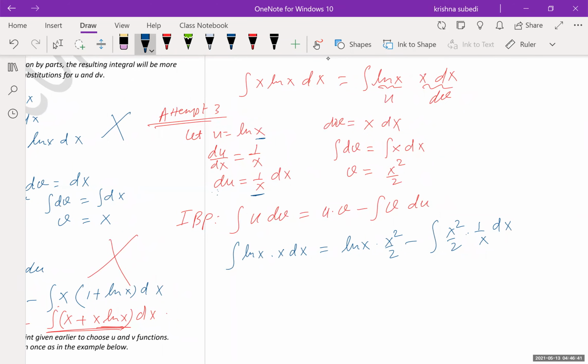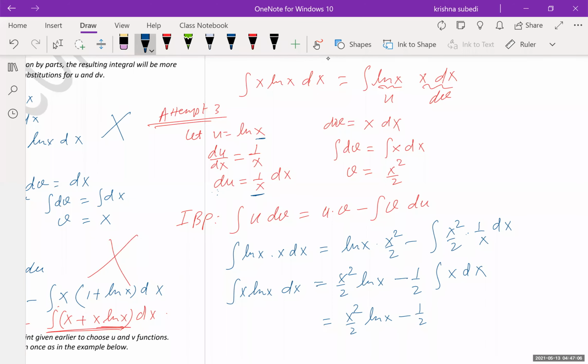So this can be written as x ln x dx equals x squared over 2 ln x minus 1 over 2. I want to write that outside. And x squared and x 1 power cancel out. So you're going to get x dx. So this gives me x squared over 2 ln x minus 1 over 2.